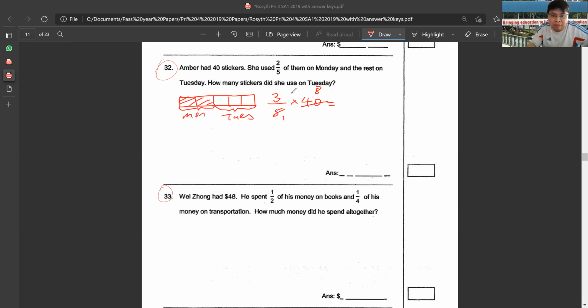So what do I have here? I have 3 times 8. 3 times 8 equals 24. So how many stickers did you use on Tuesday? 24 stickers. She used 24 stickers on Tuesday. Am I making sense to you? Yes. Okay.